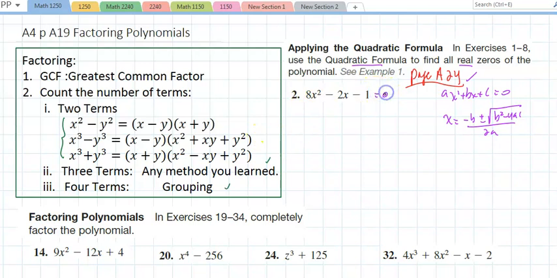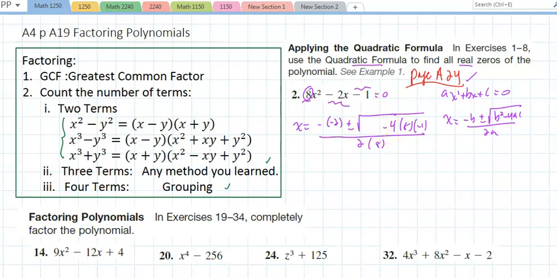If I want to know where this equals 0, I'll say x equals negative b, that is minus a negative 2, plus or minus the square root of b squared, negative 2 squared, minus 4, a is 8, and c is a negative 1, all over 2 times a. And that will always work.